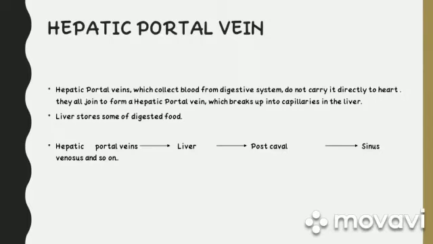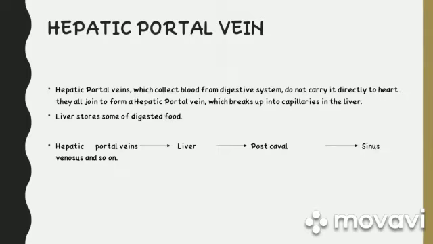Students, those veins which collect the blood from digestive system do not carry it directly to the heart. Remember that the veins which collect the blood from digestive system would have digested food, so they would not go directly to the heart. They all join to form a hepatic portal vein.